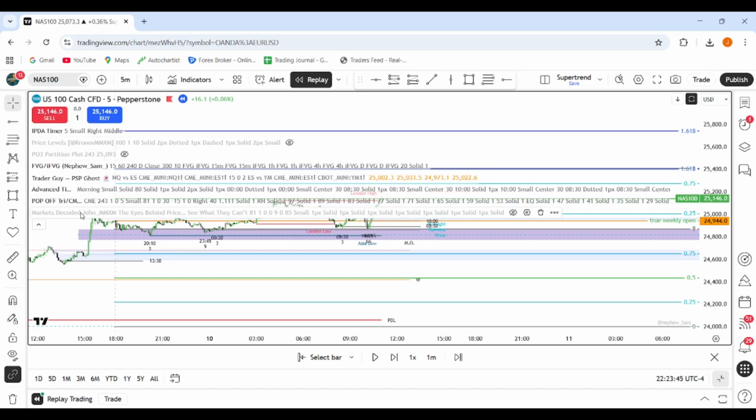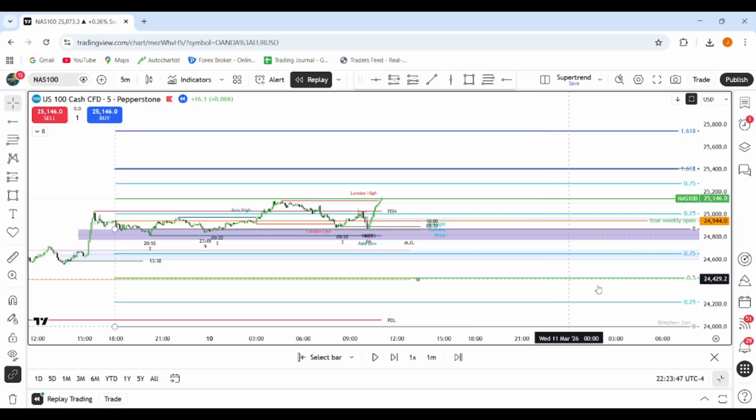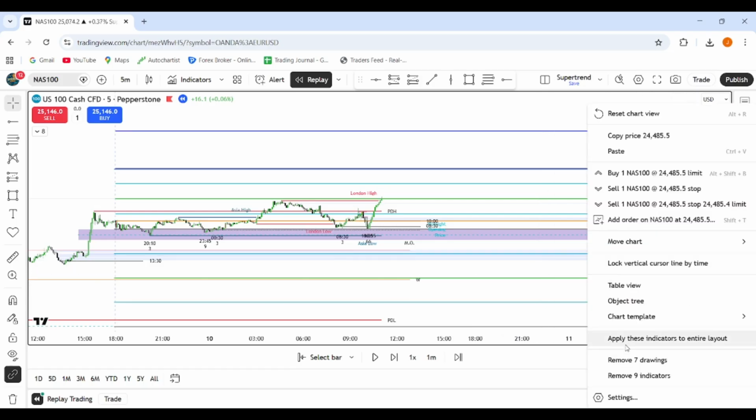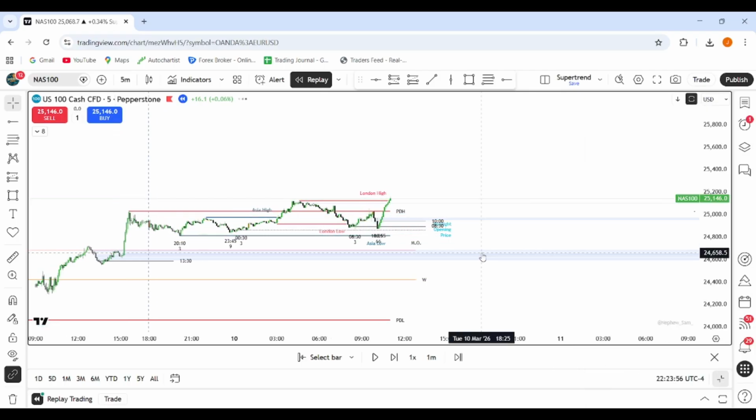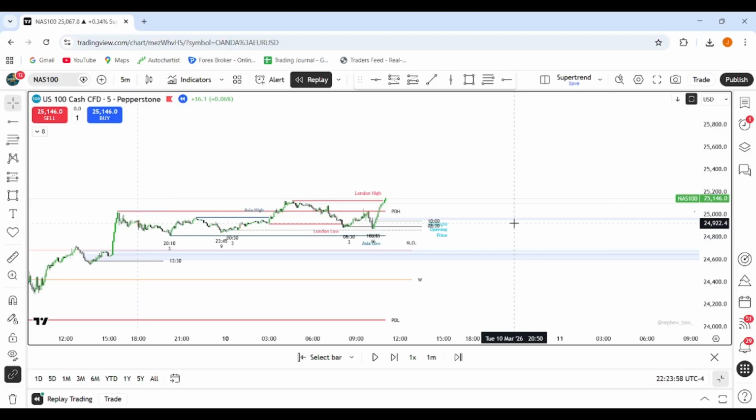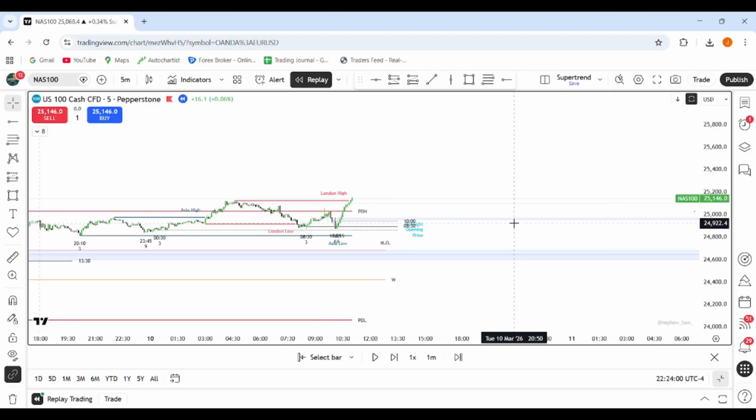In fact, before I do that, let me just remove all of the drawings. Okay, so here we have, it is more clean, let's say.